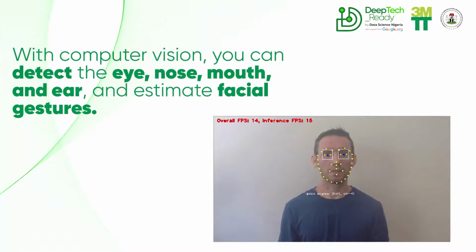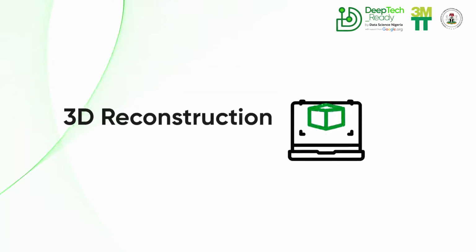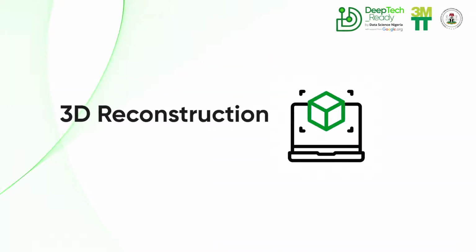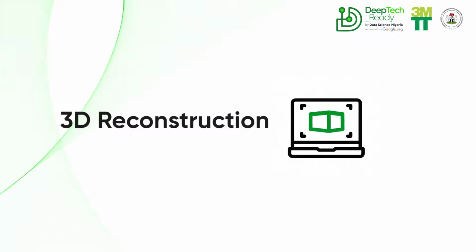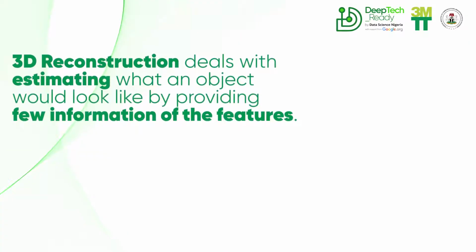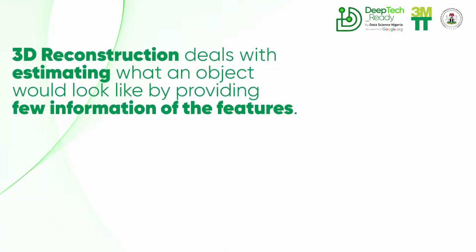Let's move on. We also have what we call 3D reconstruction. 3D reconstruction is a very interesting field on its own, and it deals with how you can capture or reconstruct a 3D object from just image samples of the view from different sides.